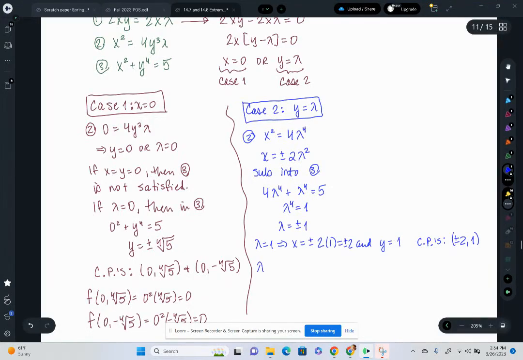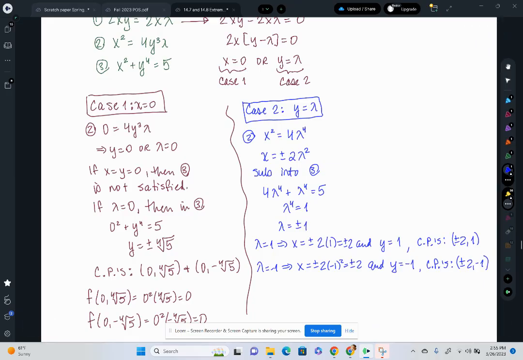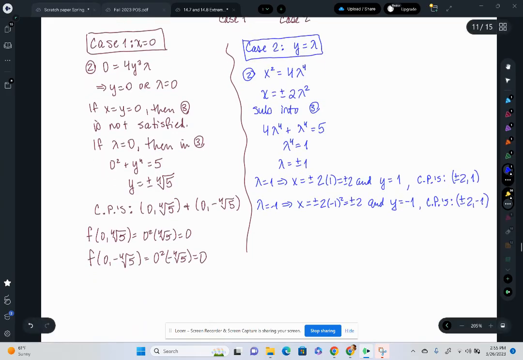And then we go to lambda is equal to negative 1. And this means x is equal to plus or minus 2 times negative 1 all squared, which still gives me plus or minus 2. But now y is equal to lambda, so y will be equal to negative 1. So my critical points from this case are going to be plus and minus 2 with negative 1.